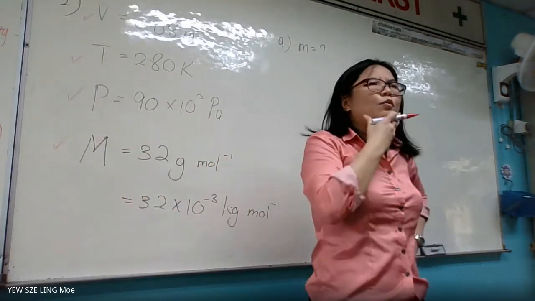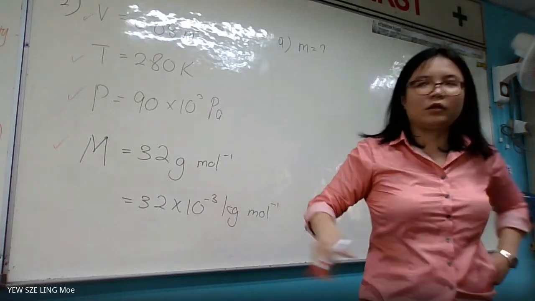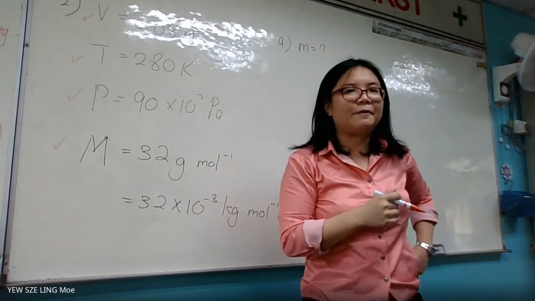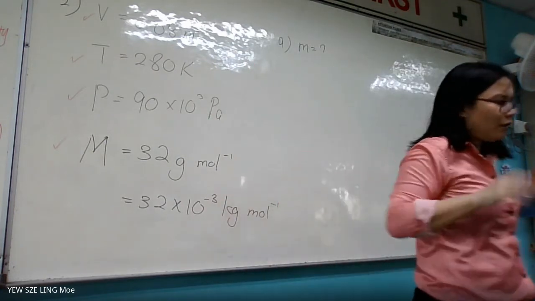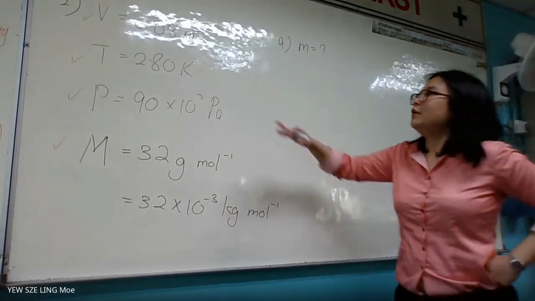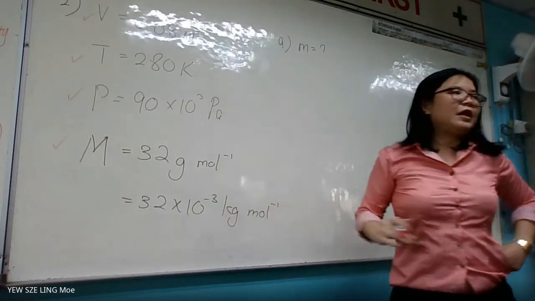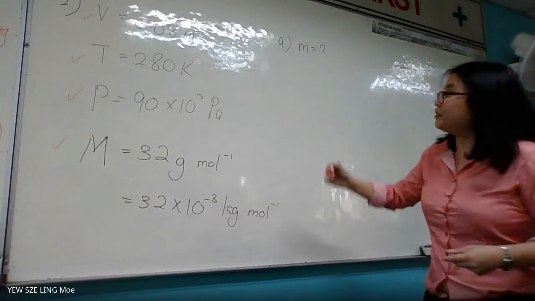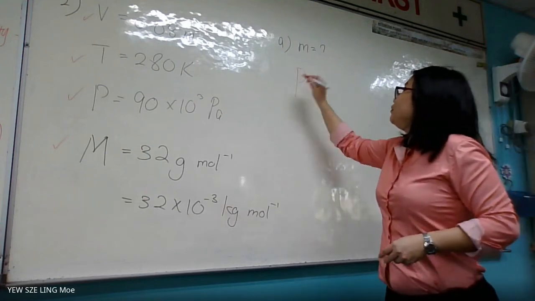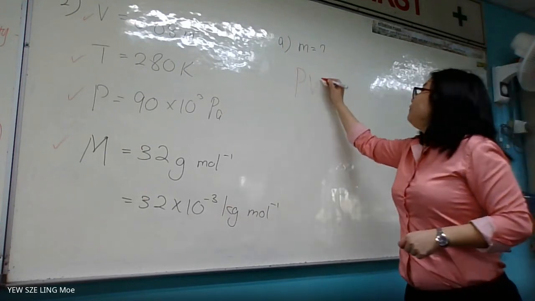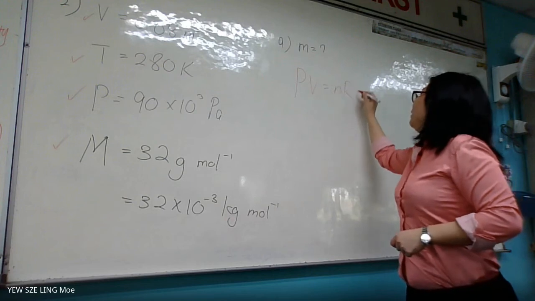Well, I think we don't have any equation that contains these 4 variables, right? But what we do have, you have V, T, and P, and you are looking at the same type of gas, so you can apply the ideal gas law, where PV equals nRT.